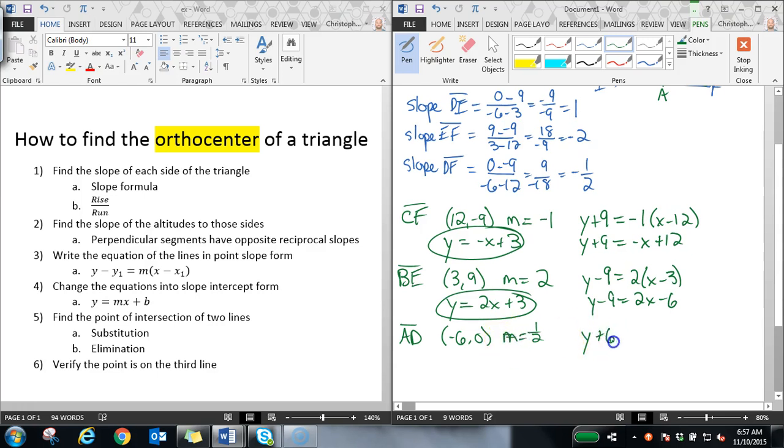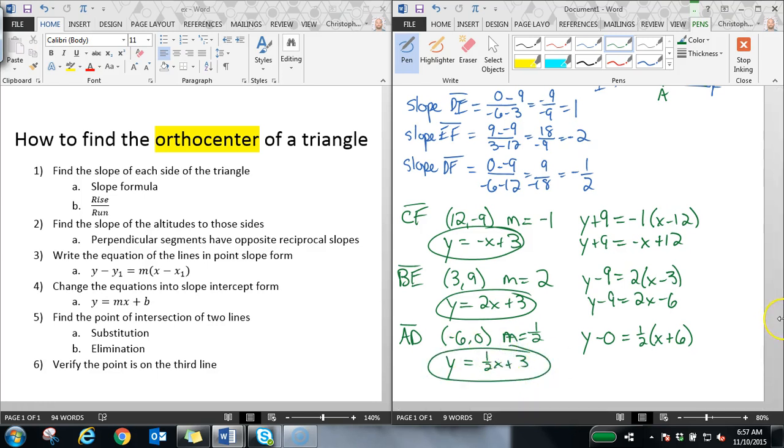We substitute in y minus 0 equals 1 half times x plus 6. Oh, I got those backwards. Then I distribute, and y minus 0 is just y, so I don't have to do much there. y equals 1 half x plus 3. So I have my 3 altitudes.